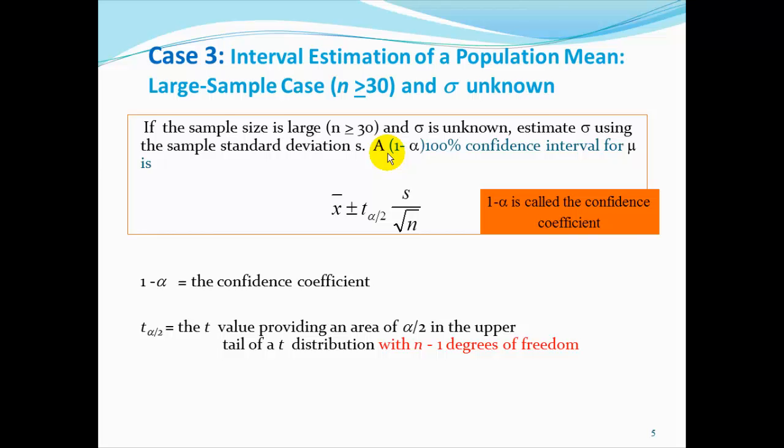For a large sample case with sigma unknown, our formula is very similar to the formula that we use for sigma known. There are two differences: instead of using z alpha over 2, we have t alpha over 2 in this formula. And since sigma is unknown, we have to use S in order to estimate sigma.